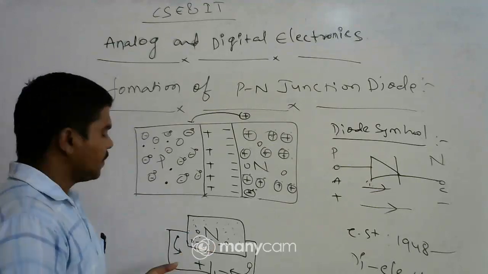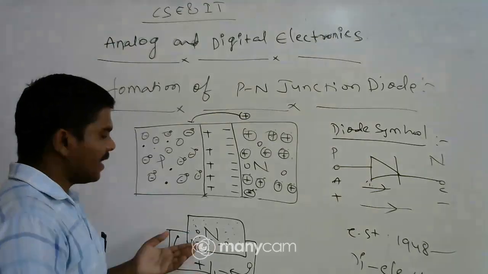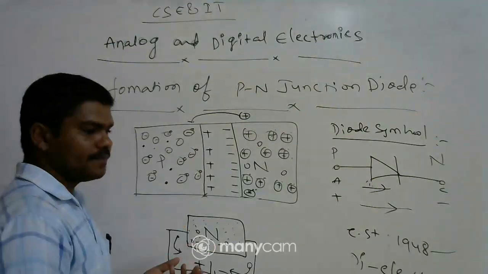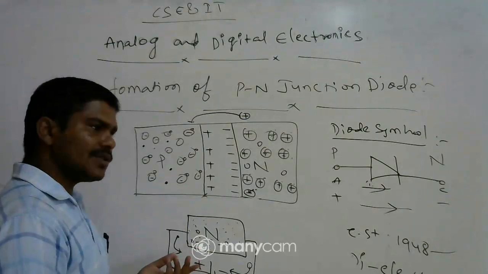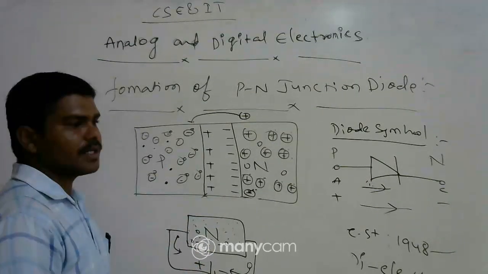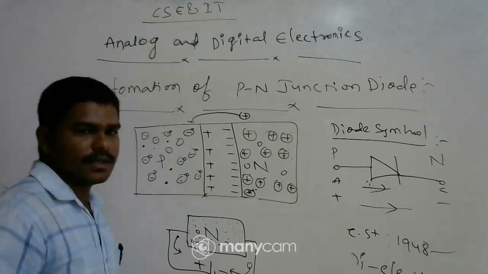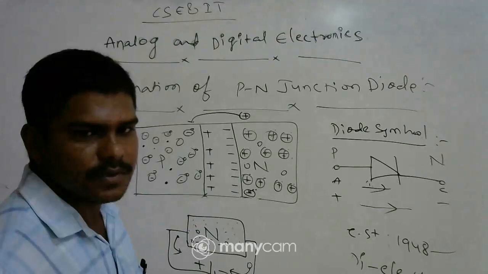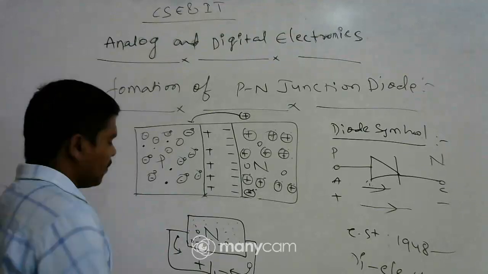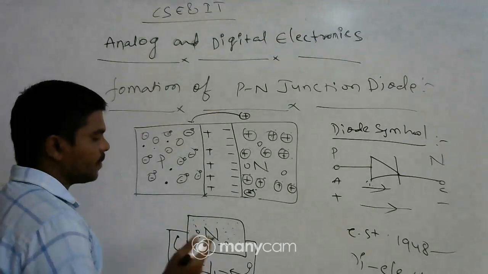In the N region the electrons are already in the conduction band, and in the P region the holes, that is the electrons, are in the valence band. This way we can see conduction in the P region and N region.